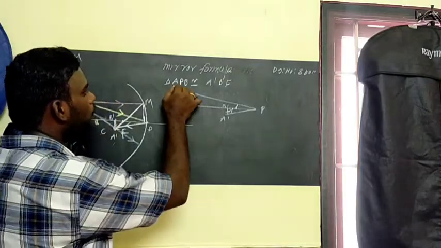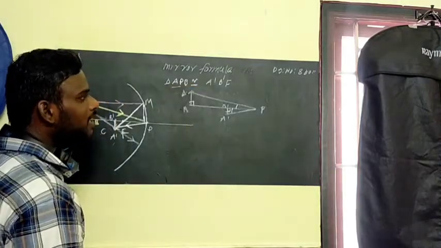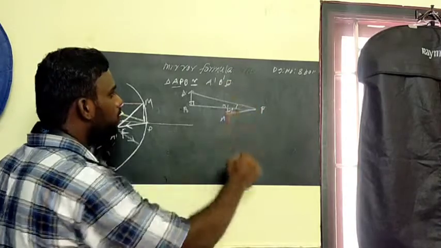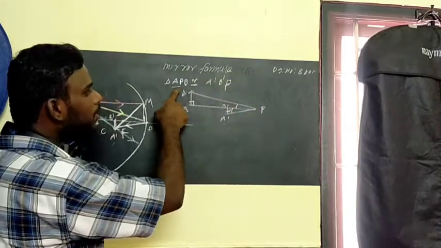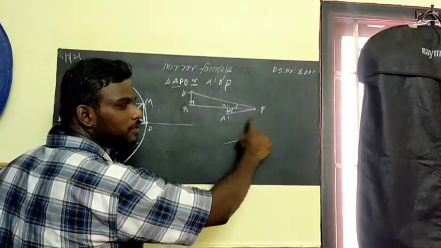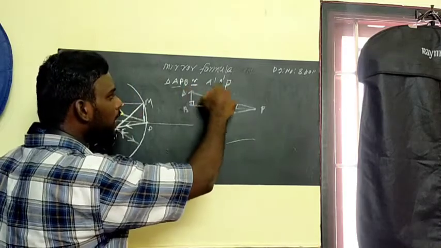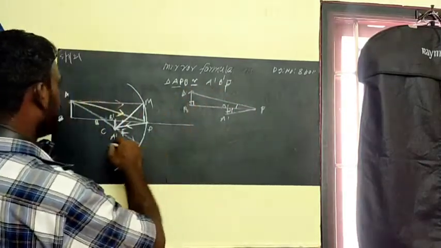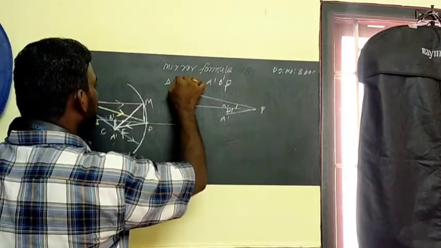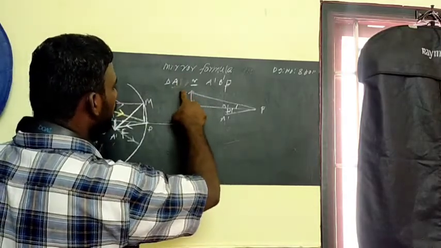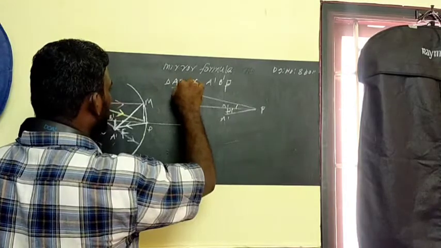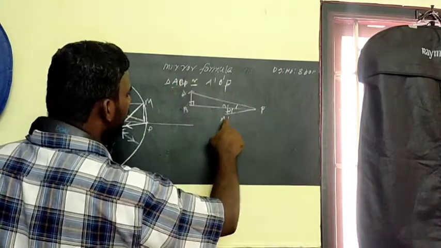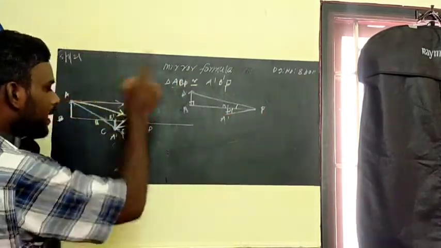For example, for AP, here also it's A P, not F. For AP, we have A dash P. For the AB triangle, we have the A dash B dash triangle. Isn't it clear? So write the same side. First, I can write, sorry, this is triangle ABP. This will be A dash B dash P. Write the same side.